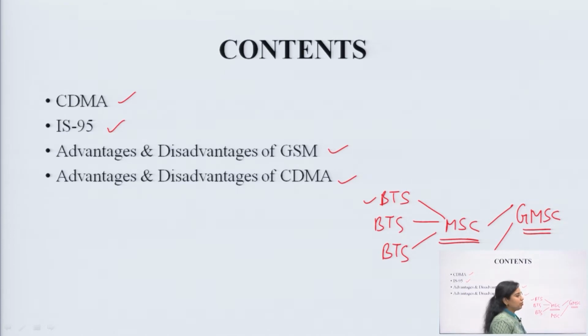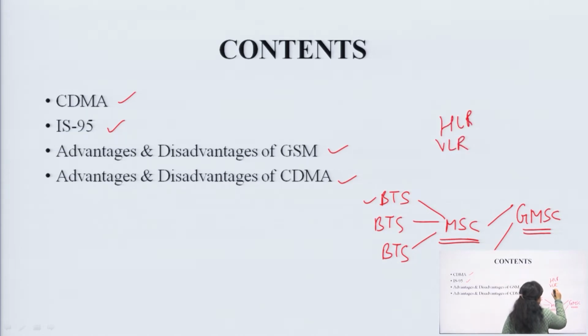Further, to this GMSC, there are different registers connected, that is home location register, visitor location register, that is HLR, then VLR, there is an authentication register, and there is one equipment identity register.